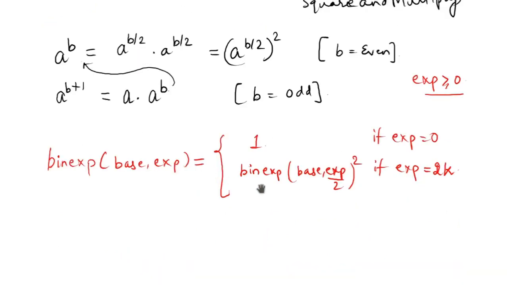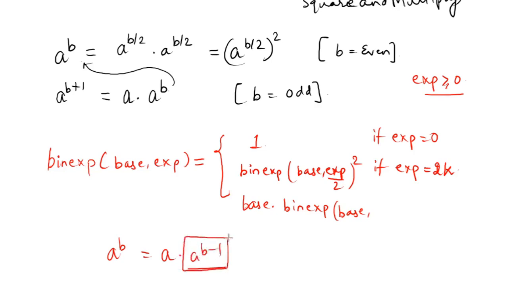And for the odd case, this can be represented as base times binary exponentiation of base, and instead of exponent, because a power b is a times a power b minus 1, this is left with a power b minus 1.